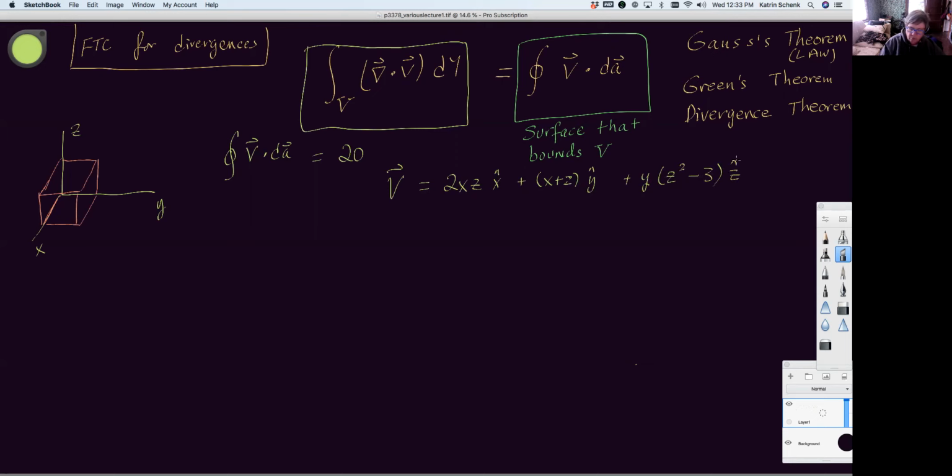So we want del dot v, because what we'd like to do is calculate this integral and make sure it's the same as that, which we got 20 for. Again, I didn't actually calculate that, but okay.